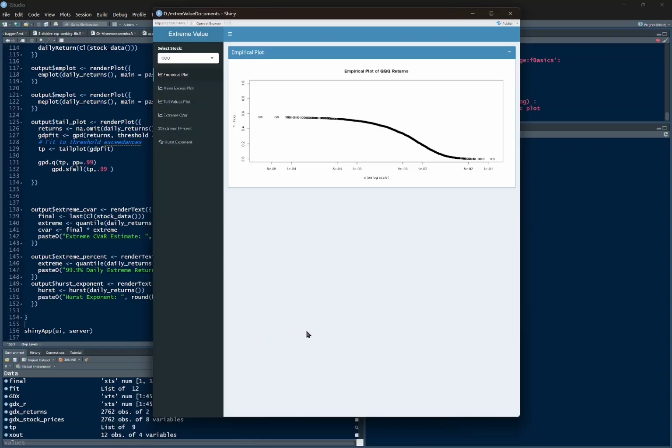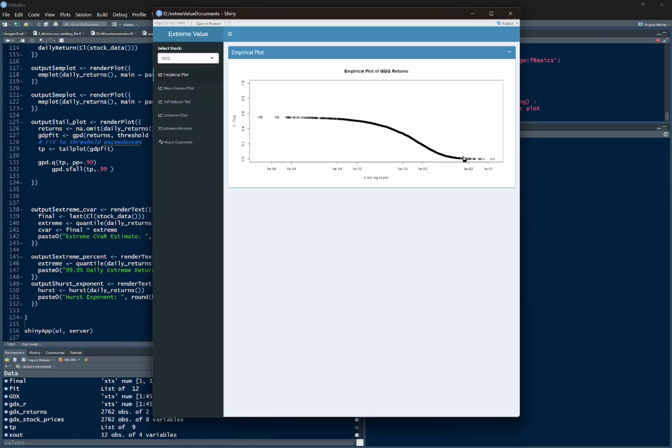Okay, here we're looking at the empirical plot of QQQ returns for the last 4 years from an extreme value theory point of view. Extreme value theory is taken from meteorology and the hard sciences, when the traditional VaR methods in finance failed during the GFC.